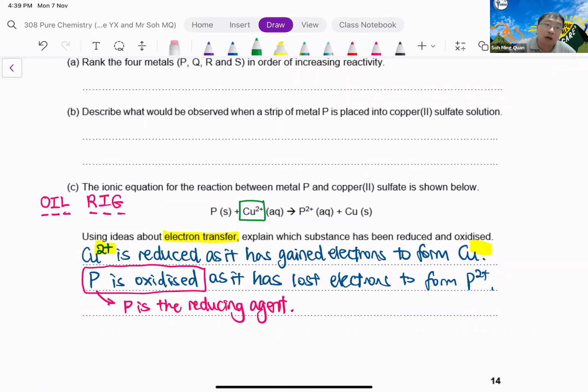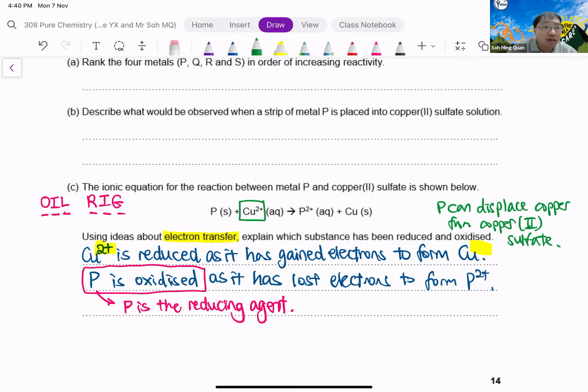Just now we were talking about redox, which is about loss and gain of electrons. Now we talk about displacement, which is in terms of reactivity. So P is more reactive than copper. Therefore, P can displace copper from copper(II) sulfate. One metal displaces another metal from its compound. The compound in this case is copper(II) sulfate. Very good. At least you recognized it.